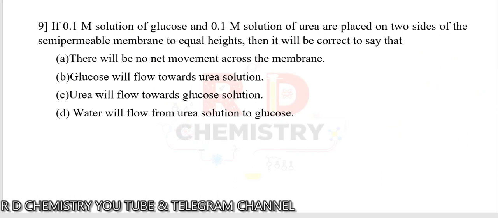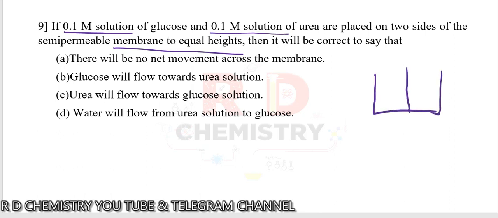Question number 9. A 0.1 molar solution of glucose and a 0.1 molar solution of urea are placed on two sides of a semi-permeable membrane to equalize. If there is a vessel with a semi-permeable membrane, then both the solutions are of the same height.